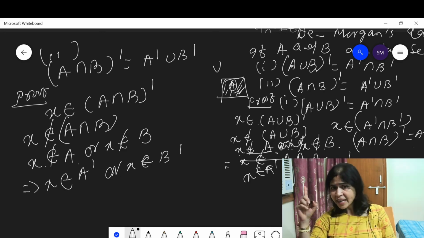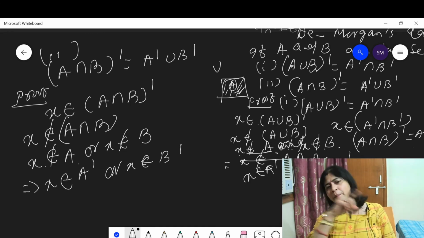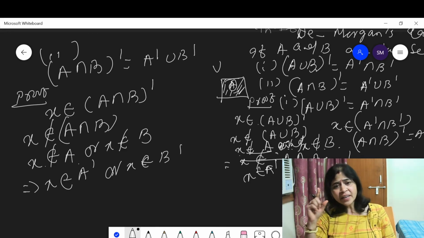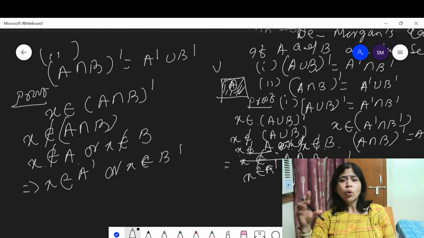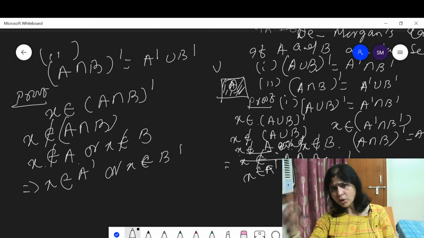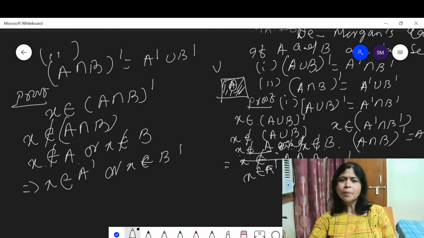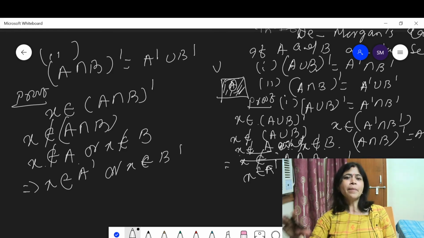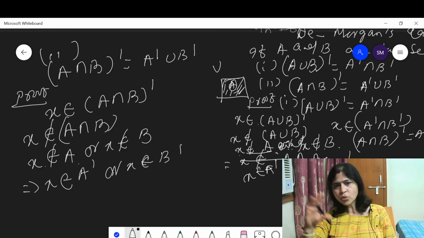Recall what is B dash. B dash is the universal set minus B, means B dash is the set which is the universal set excluding B set. X belongs to B dash means X belongs to the universal set but X doesn't belong to B. Any element of the universal set excluding B.